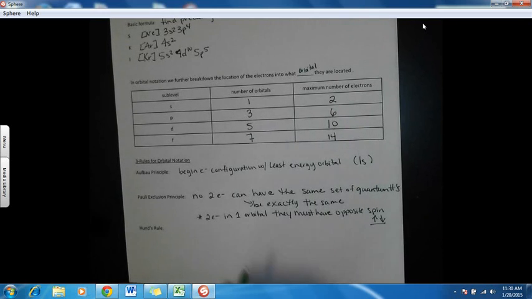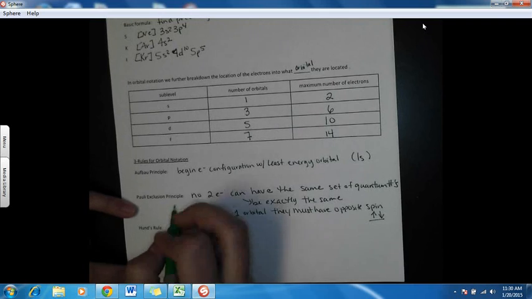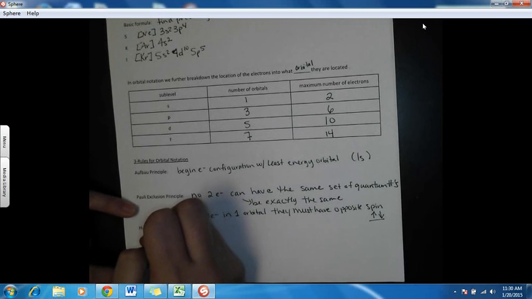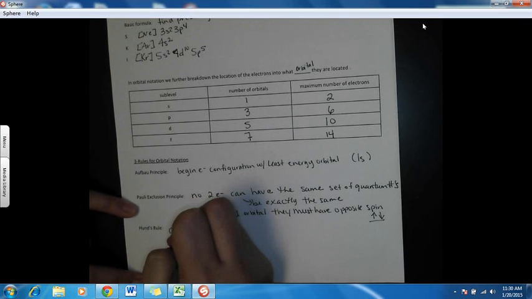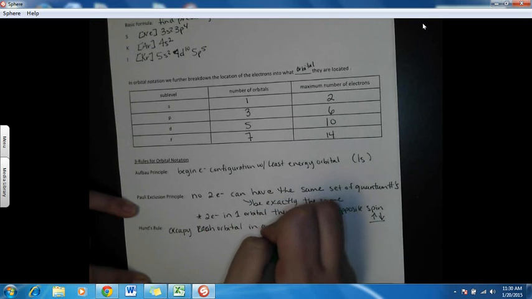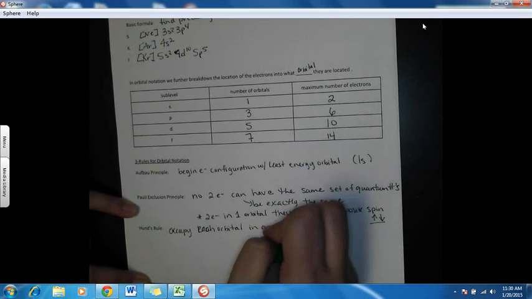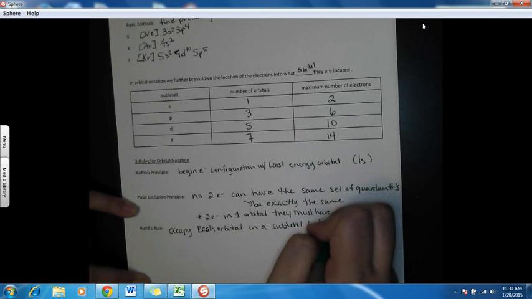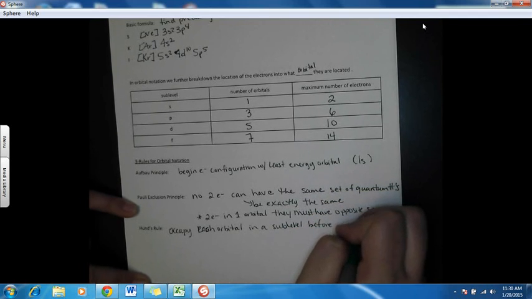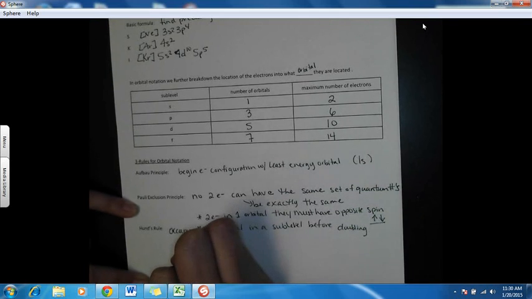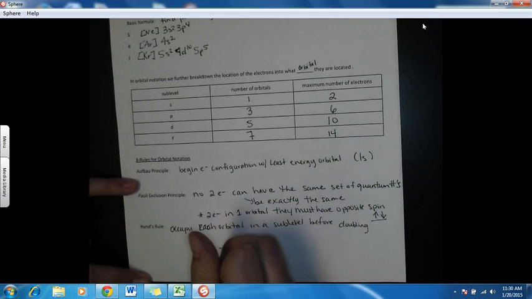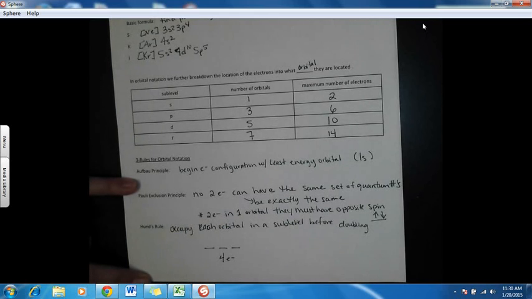Okay. Hund's rule tells us that we must occupy each orbital in a sublevel before doubling. An example of that would be a p sublevel. Let's say we wanted to put 4 electrons in that p sublevel.